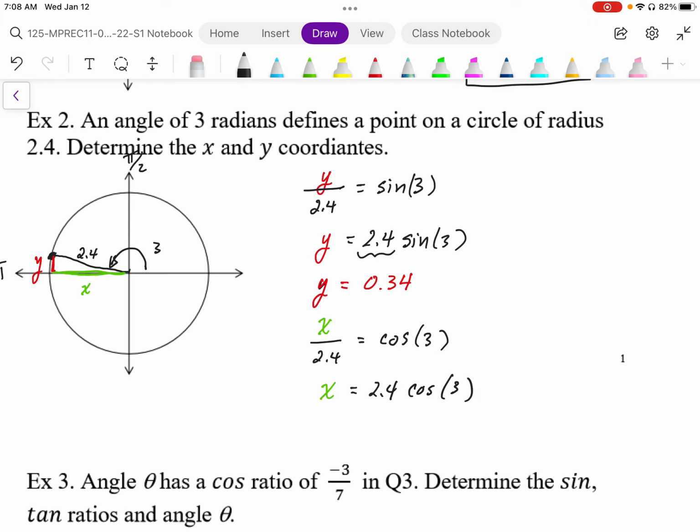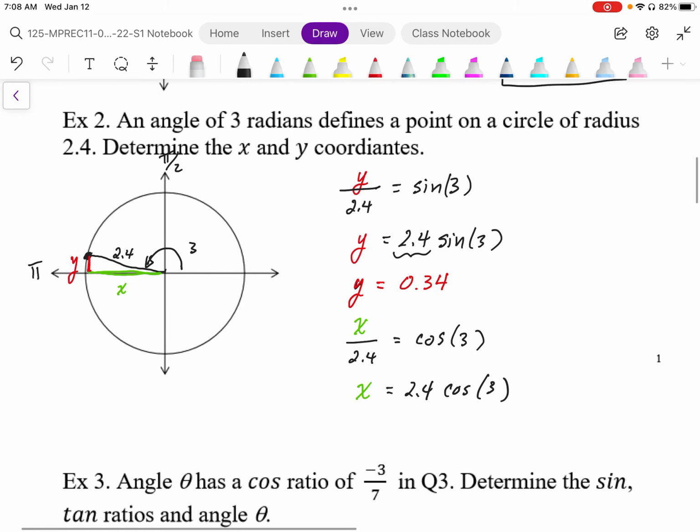If I recognize that cosine of 3 radians is the x position on the unit circle, I can scale that position by 2.4 to get the x position in the bigger circle. I still need my calculator for cosine of 3 radians, and calculating that I get negative 2.375, so I'm going to round that to -2.38. So the x position is negative 2.38.